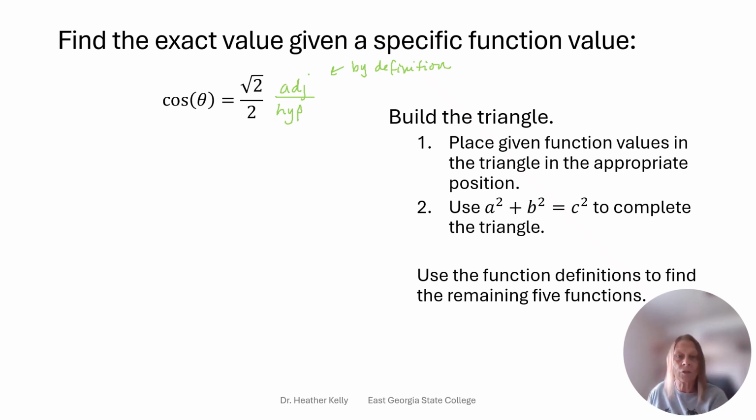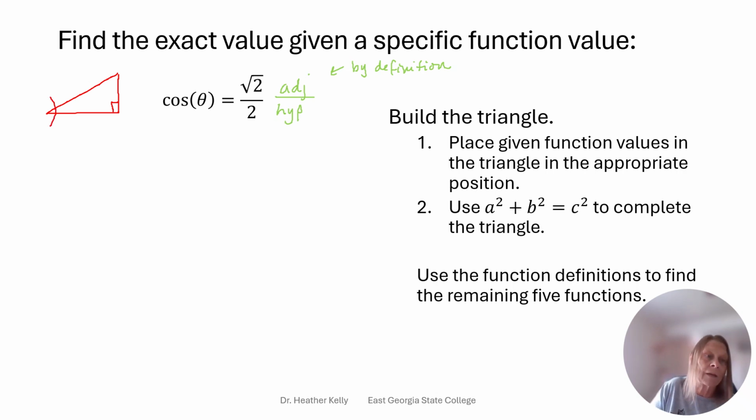So what we can do is draw a triangle, find the missing side of the triangle, and then find the rest of the 5 functions. So let's draw a triangle. Two things that you need: the little square indicating that it is a right triangle, and you also need to choose where your theta is going to be.